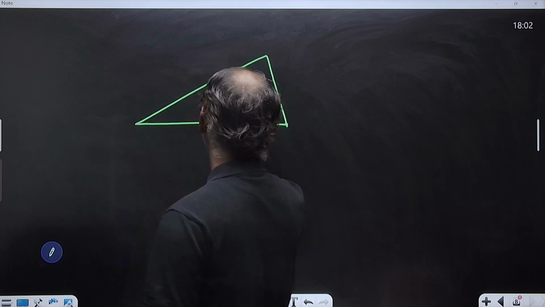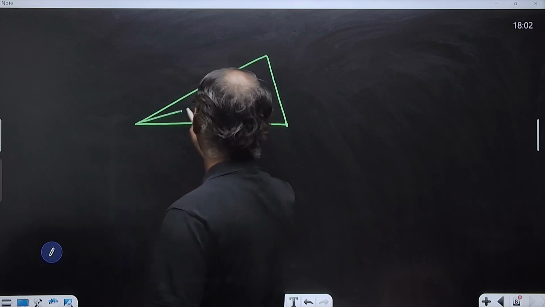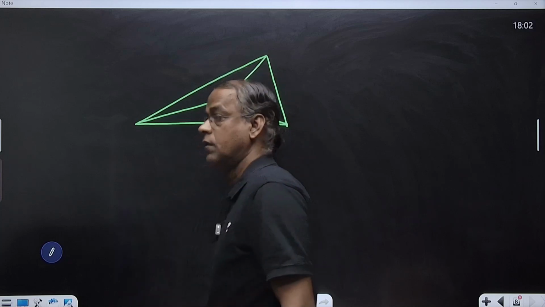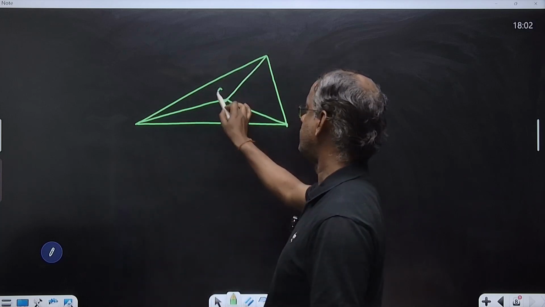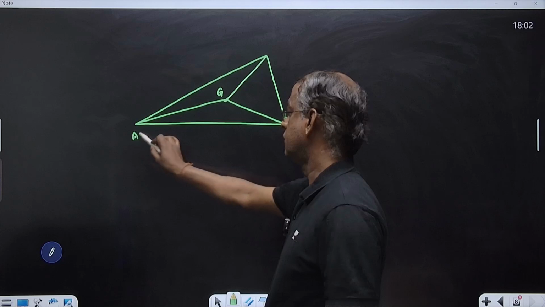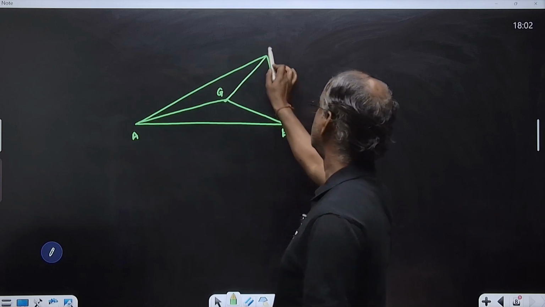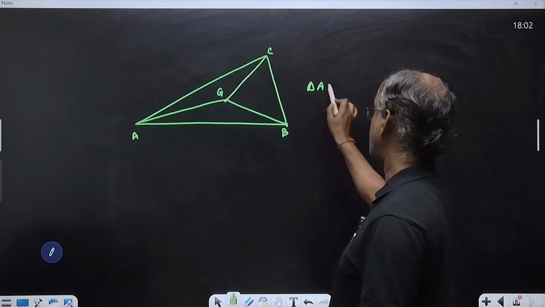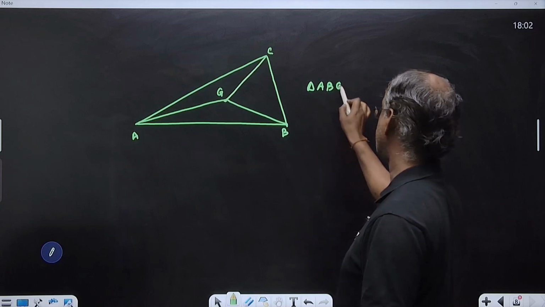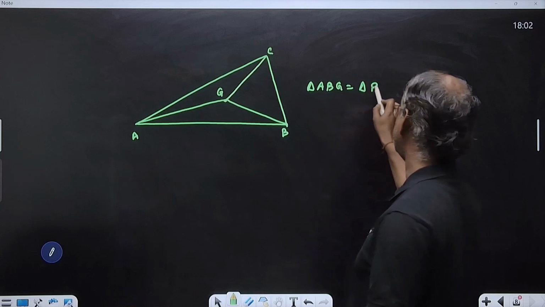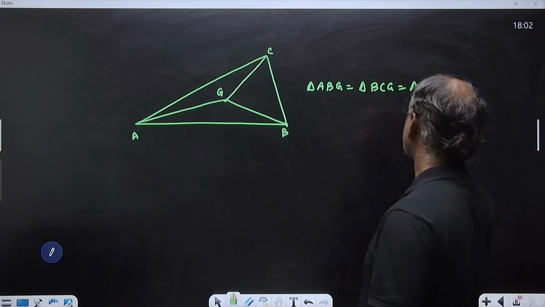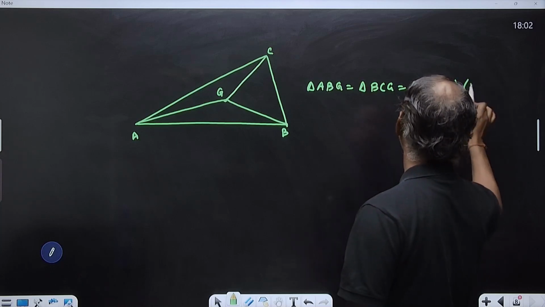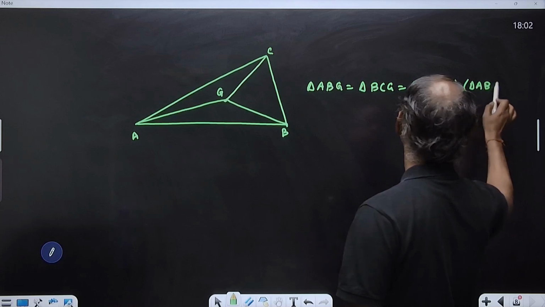If G is the centroid of this triangle, then area of triangle ABG is area of triangle BCG is area of triangle CAG, each 1/3 the area of triangle ABC.